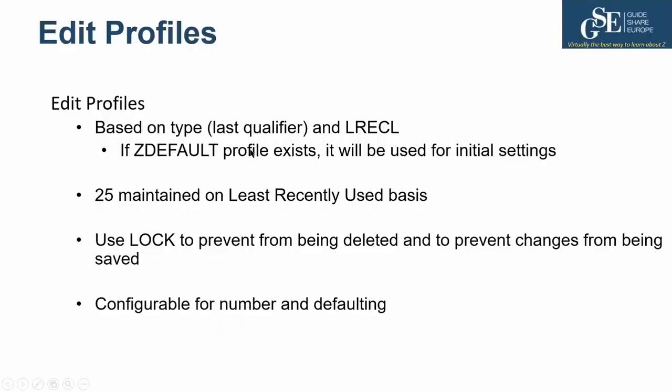You can set up a profile called Z default. If you set that up and set your initial settings, then anytime a new profile is created, it will use Z default as the basis for that. By default, there are 25 profiles maintained, on a least recently used basis. So if you haven't used one for a while, you risk it dropping off.